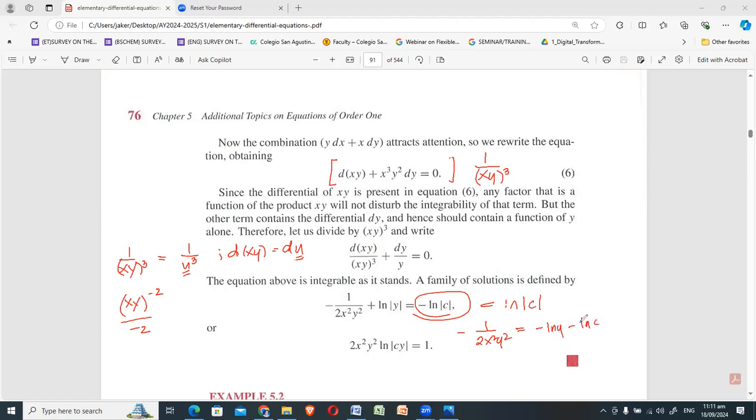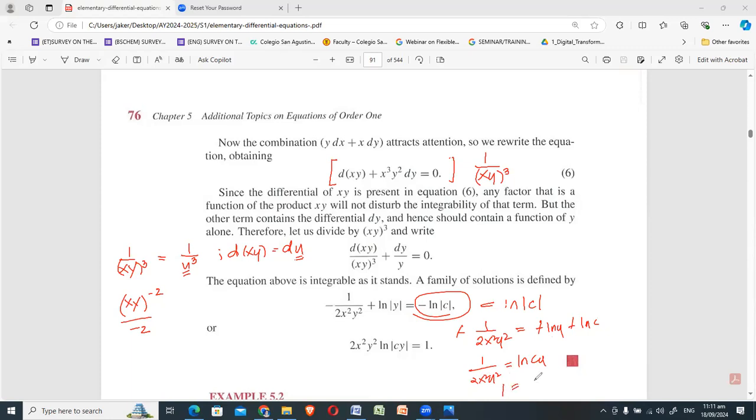He made it negative so that he can get rid of all these negatives here. So 1 over 2x squared y squared yields an ln of cy, because when you add ln's, the arguments are multiplied. And I think the rest you can understand.